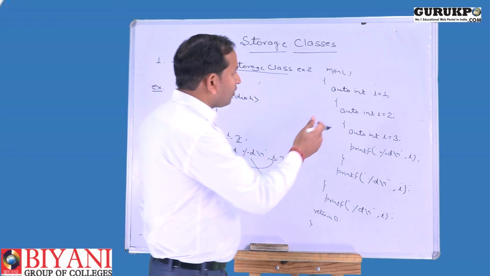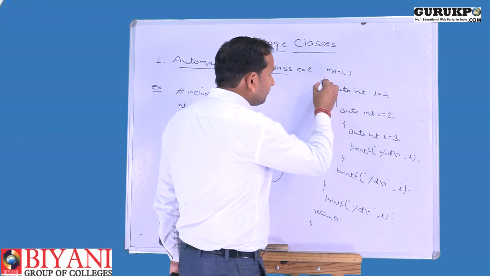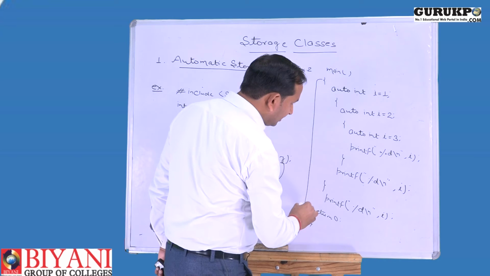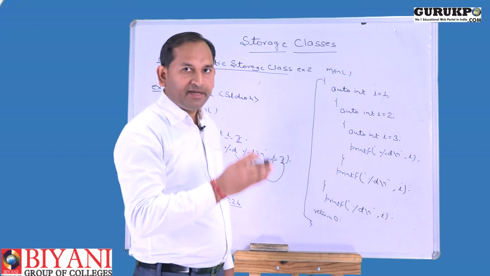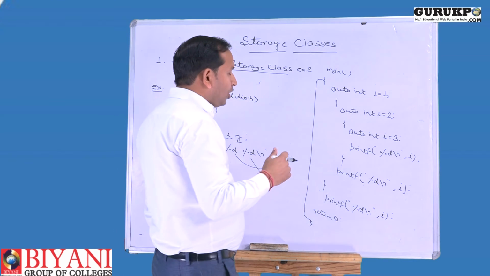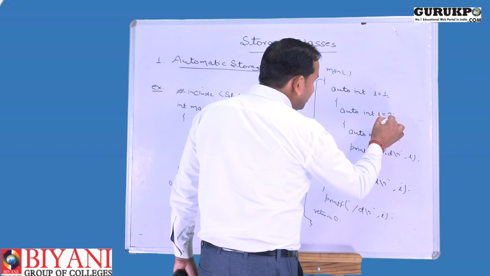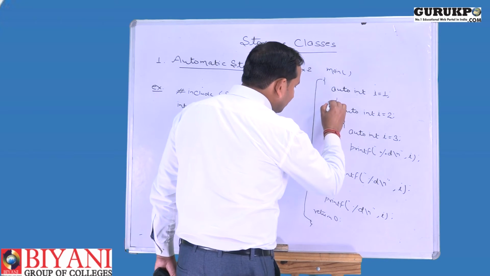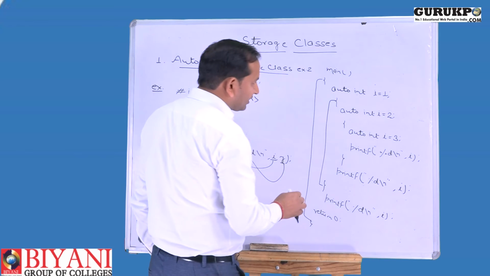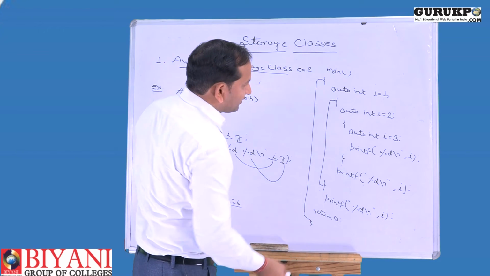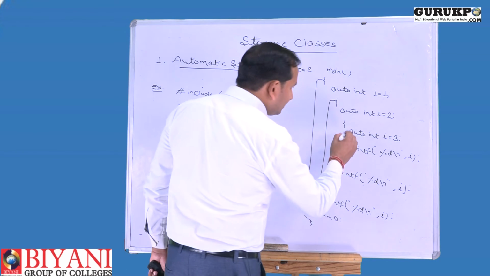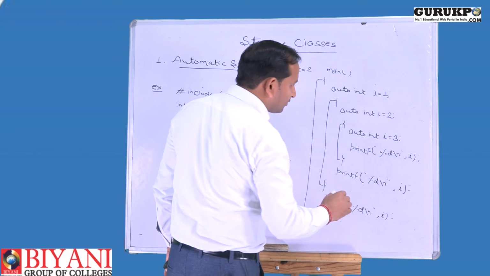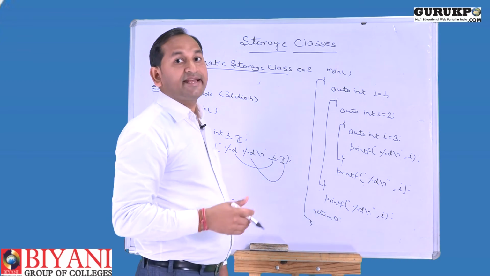First time the value of i is 1 and its scope is from here to here. It means the entire program. The second automatic variable, its value is 2 and its scope is from here to here in this side block. And the third automatic variable, its scope is from this block to this block. So every time we are assigning a new value.